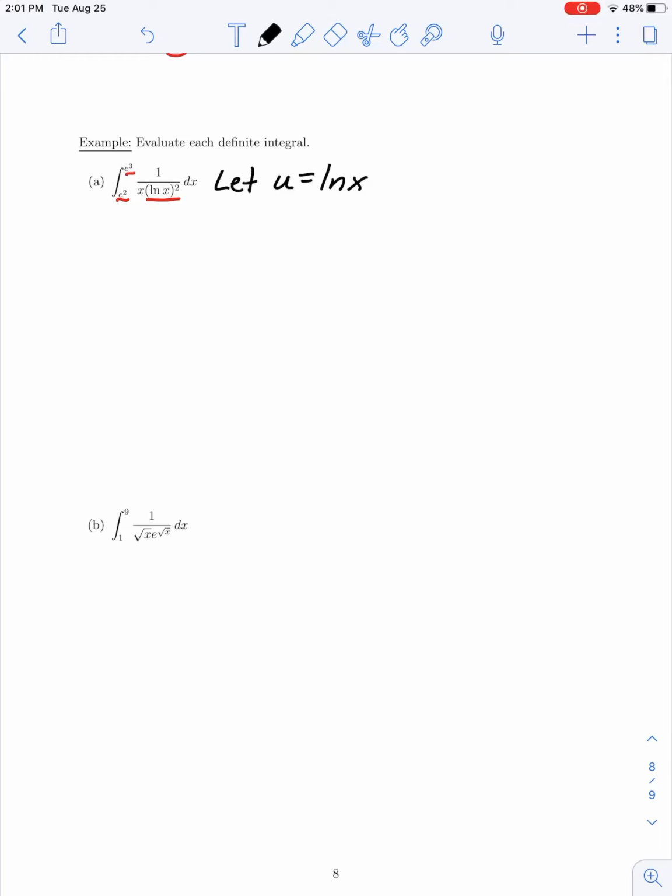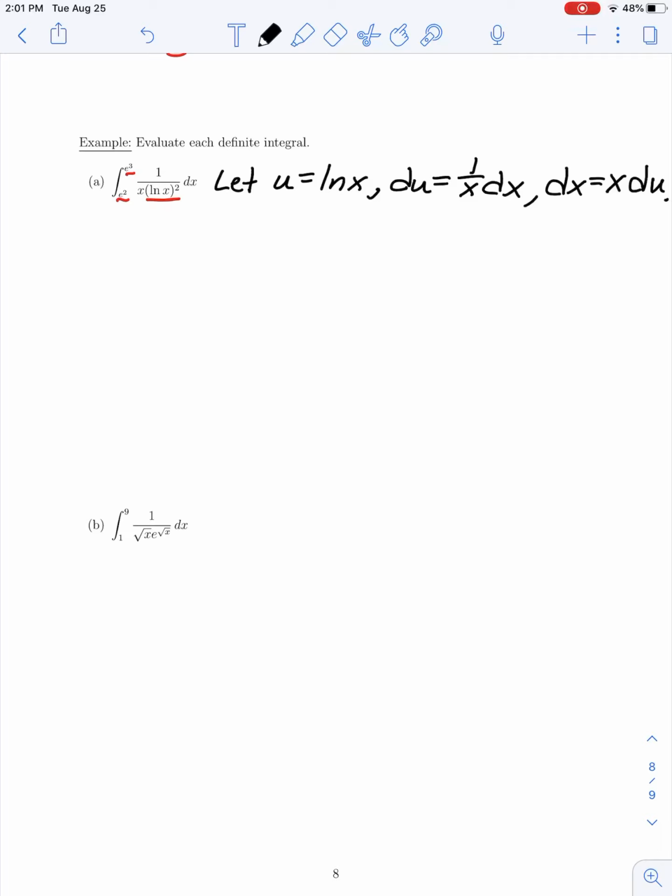That is the natural log of x, so that the differential of u is given by 1 over x dx. And then solving for dx, we would have x times du. Okay. So let's look at our integral.